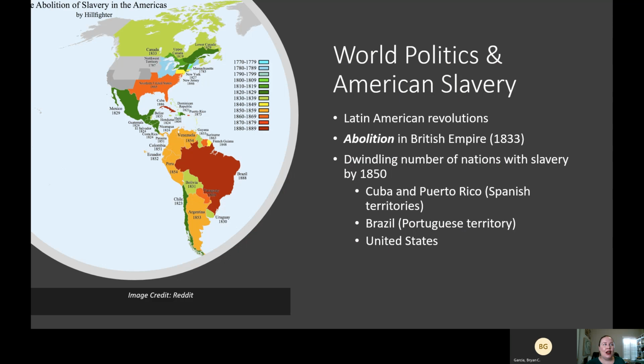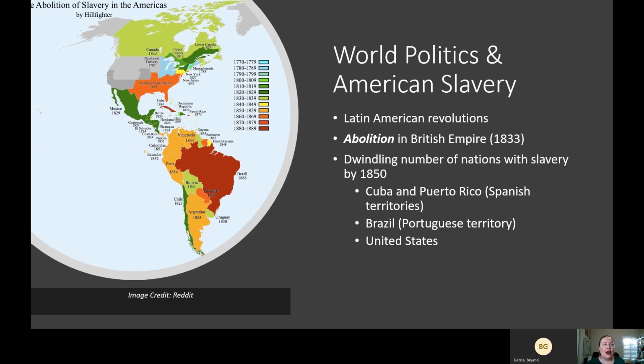The other reason, other than the growing abolitionist movement and slavery disappearing in the North, that Southerners are getting more defensive about slavery is because slavery is rapidly disappearing in the world. Part of this is a wave of revolutions in Latin America between 1810 and 1830, in which colonies of Portugal and Spain are rising up and declaring independence.